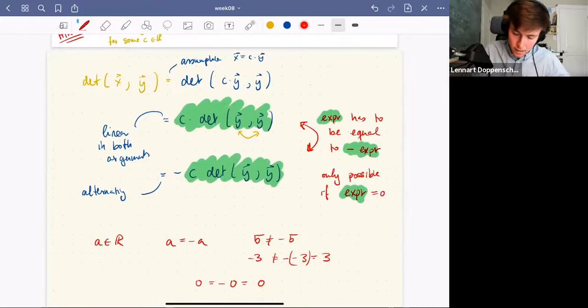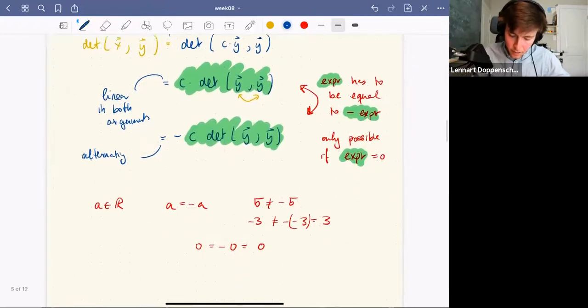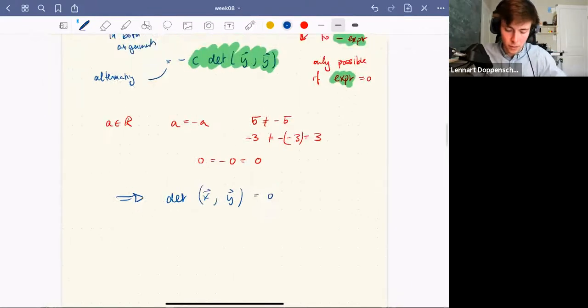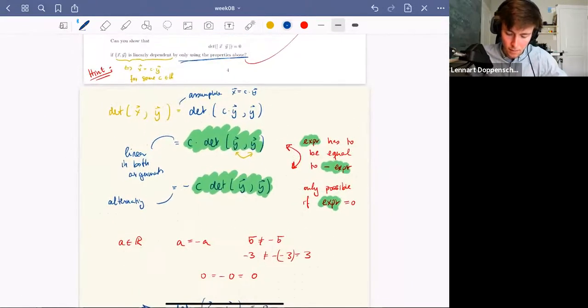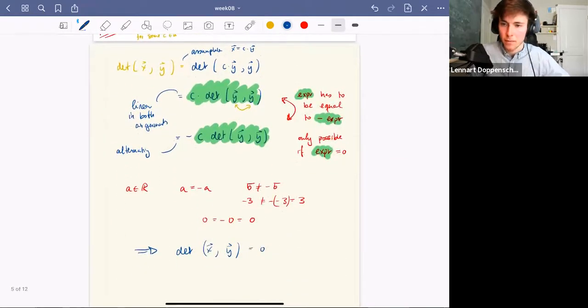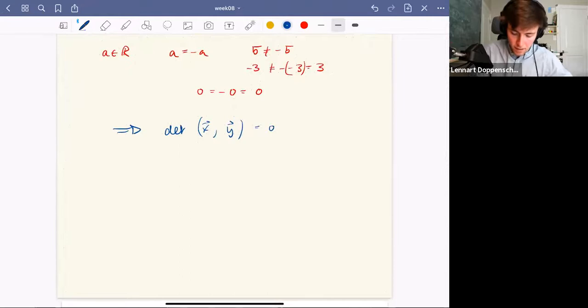Right, and then in that case, this implies the determinant of x and y is indeed 0 because we assume that they're linearly dependent. And this perfectly agrees with what we had at the beginning, because this is equivalent, just as a further explanation.